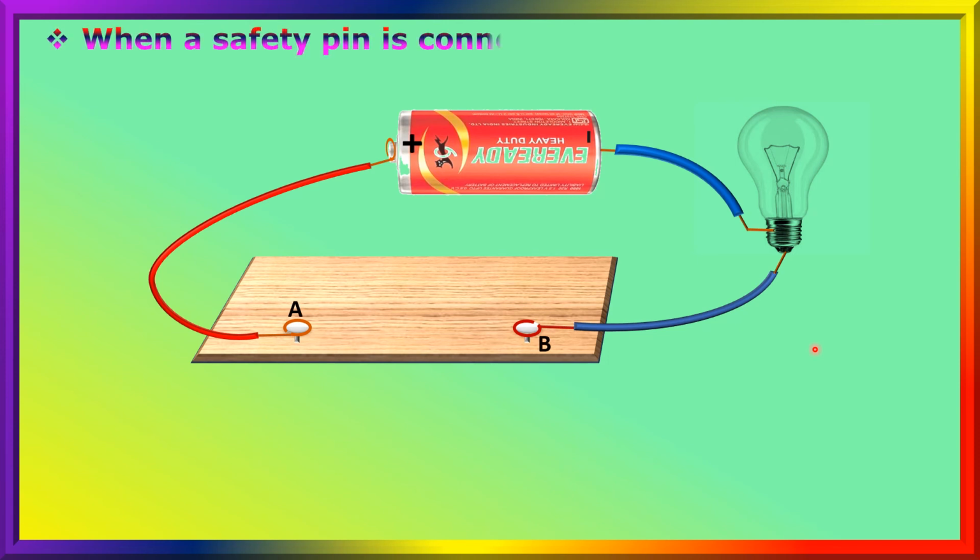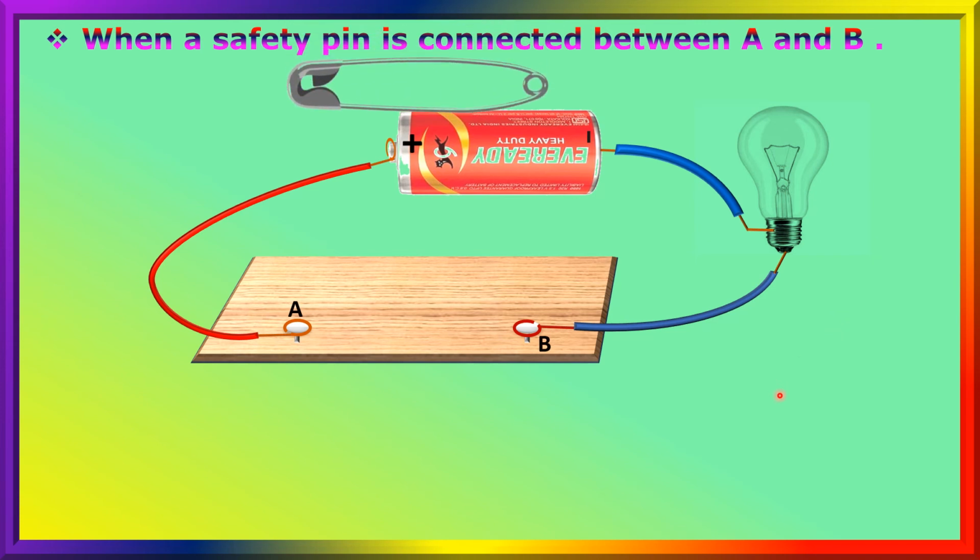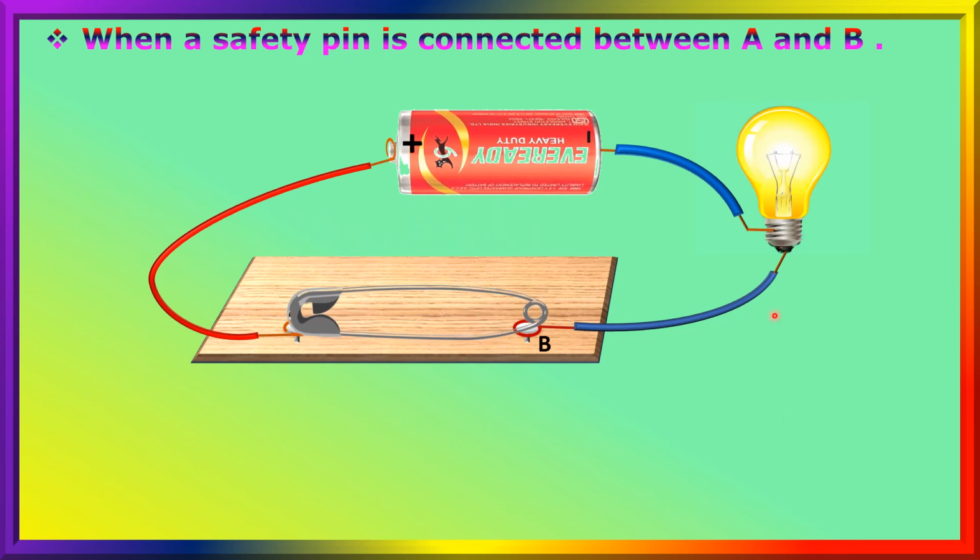When a safety pin is connected between A and B, you can imagine in this case the bulb glows because the safety pin is made up of metal. So the bulb glows. Okay, so what is the result here? The bulb glows. That means this safety pin is also a conductor of electricity.